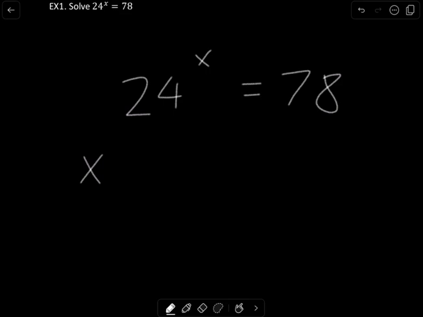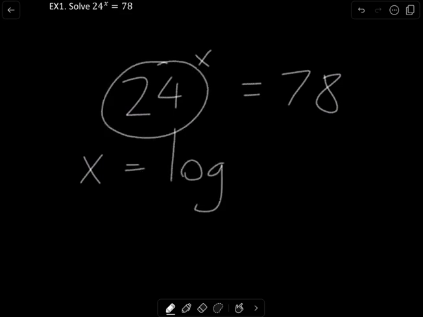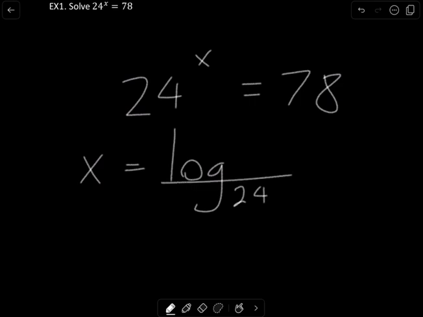So the exponent is x, and that's equal to the log. Now 24 is the base. It's in the basement, so let's put it in the basement. Think about it as there's a house here, and there's the basement. So 24 is there, and then the only number that remains is the 78.